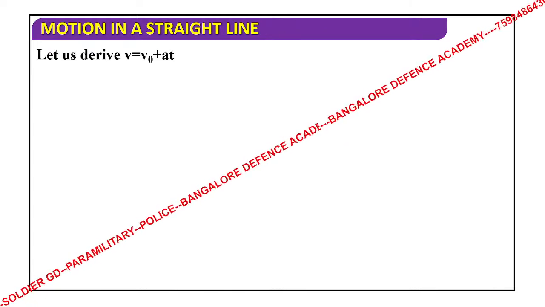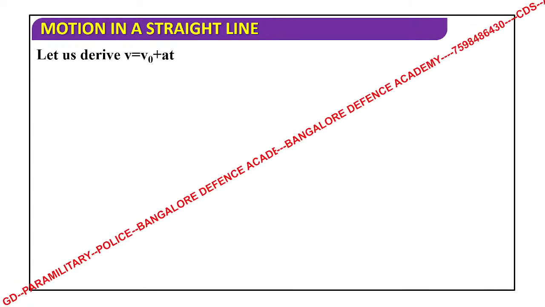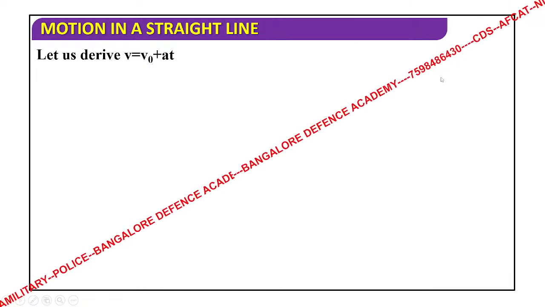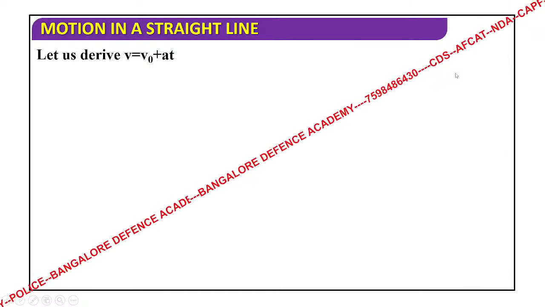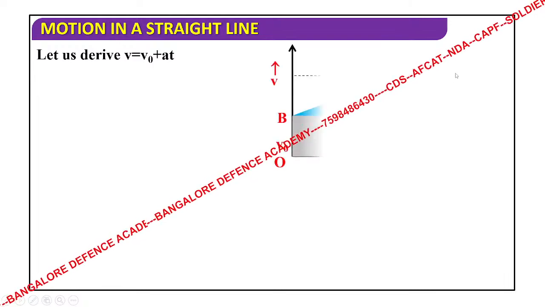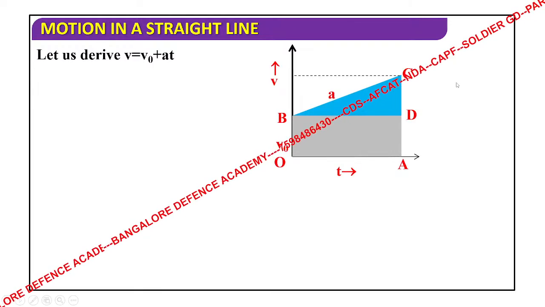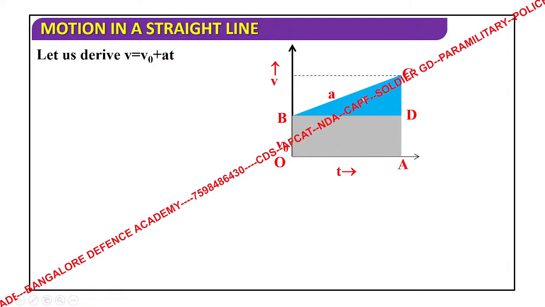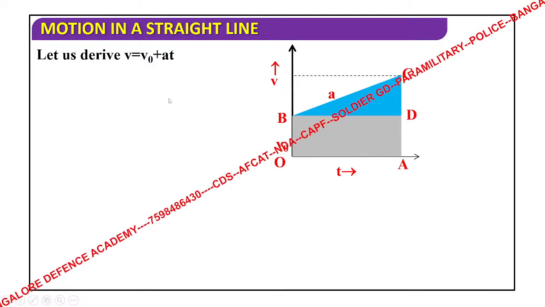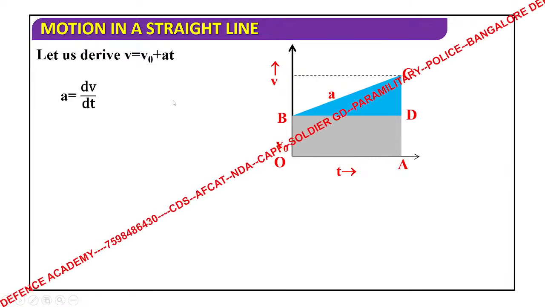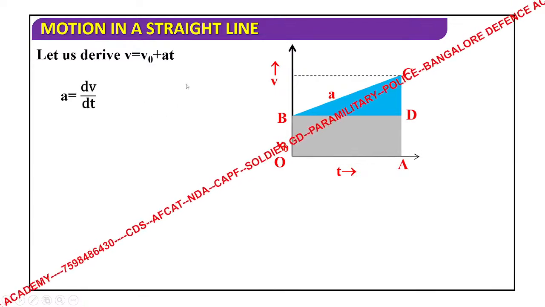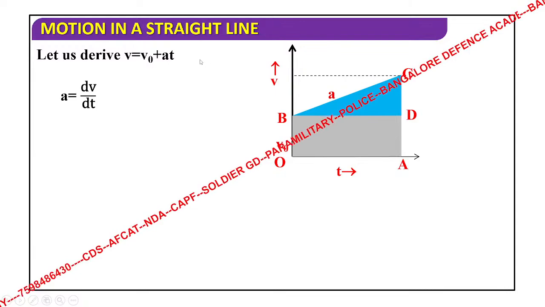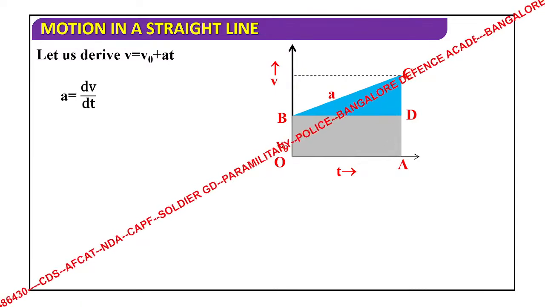Next, let us try to understand how I get v equals v naught plus at, or v equals u plus at. This is the graph that you have drawn. If you haven't drawn it, just try to do it faster. Look at the derivation now. We know the formula for acceleration, dv by dt, that is change in velocity by change in time.